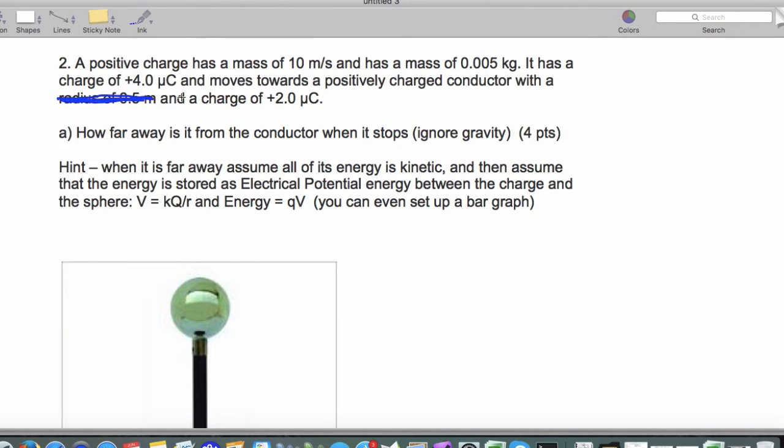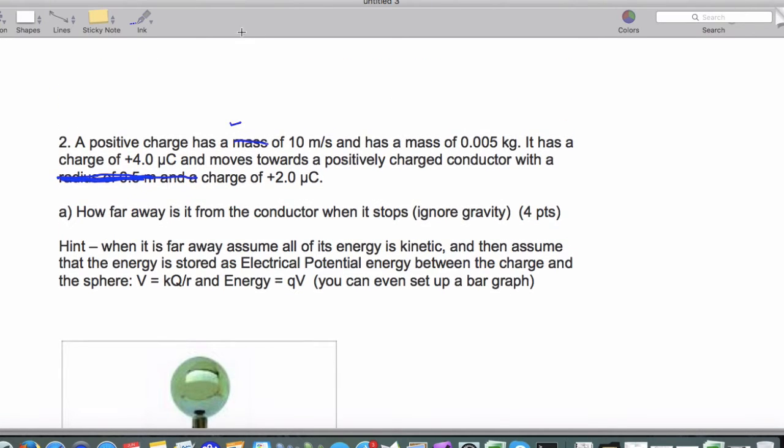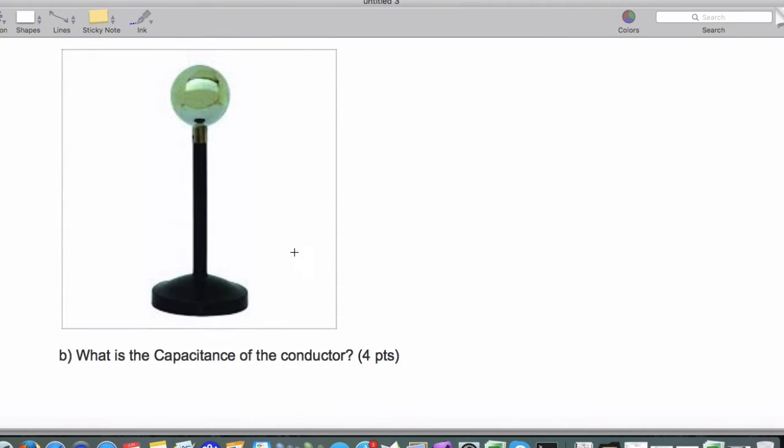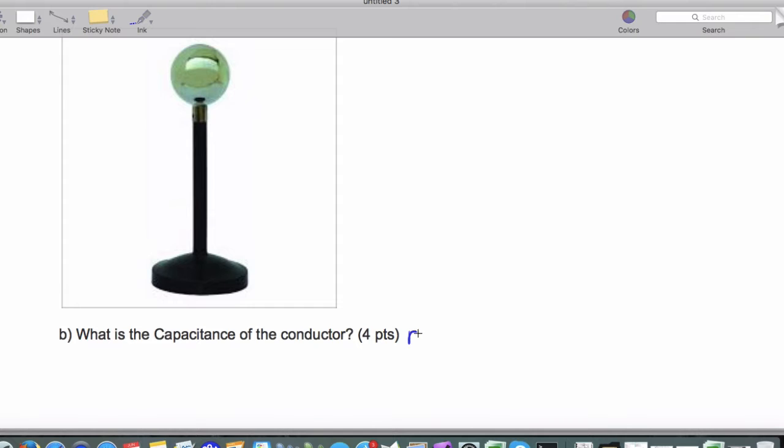And this is velocity. Oops, cross this out. There's that. And this radius part, it is useful, but I'm going to write it down here because that's where we actually need this fact. Okay.